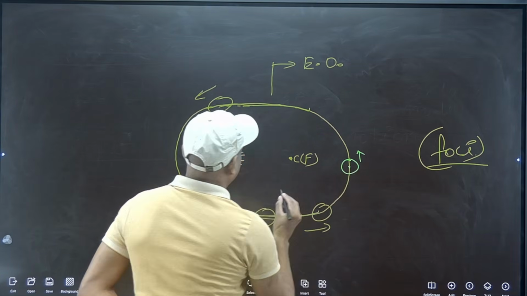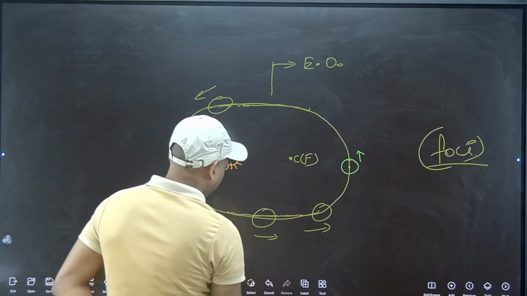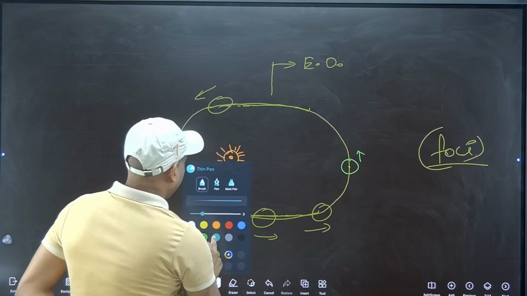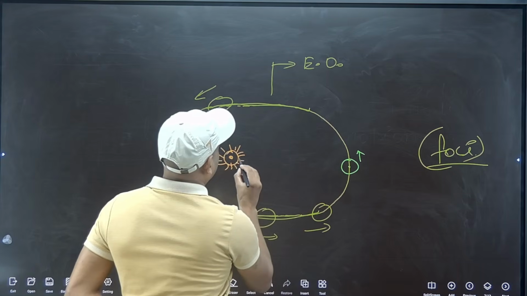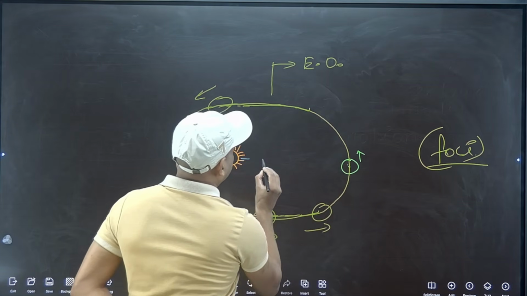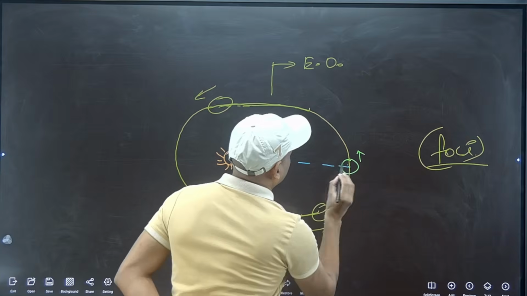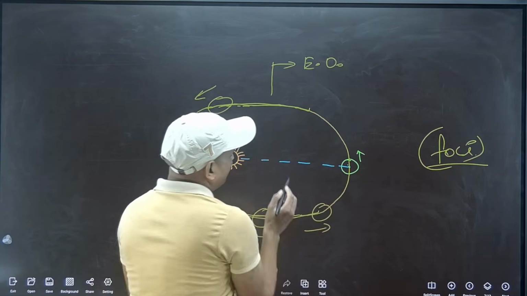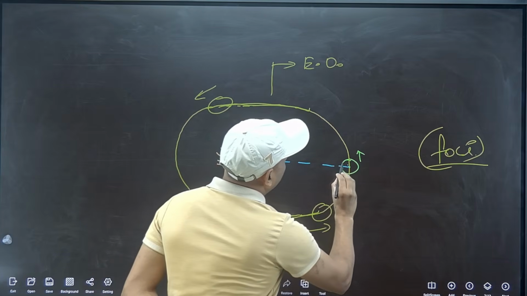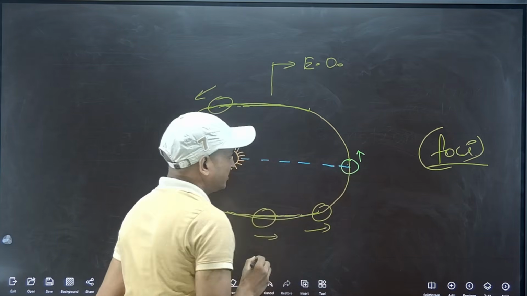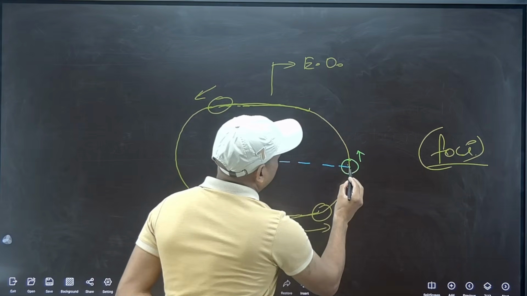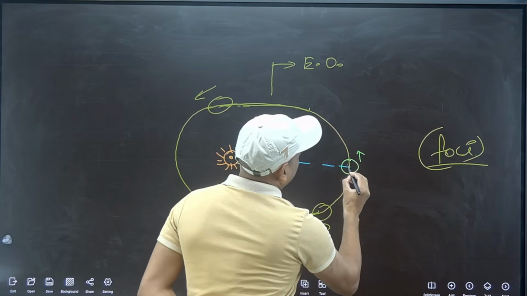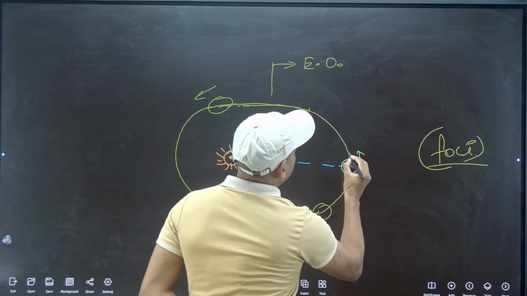If we consider an imaginary line joining the sun to the planet, and suppose that in one day, the planet moves from here to here.